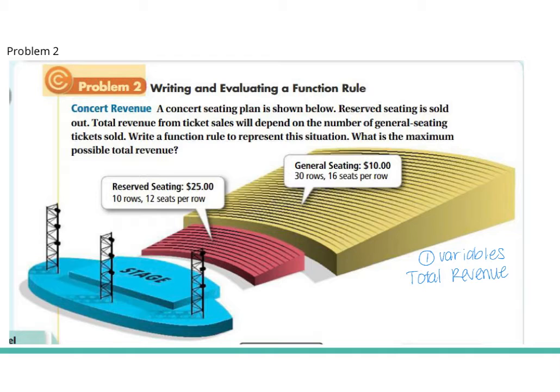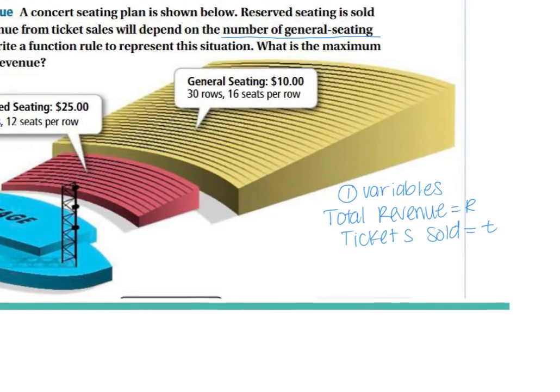Not general seating. Or tickets sold. Tickets sold in general seating. So the number of general seating tickets sold. So we're going to put tickets sold. Okay? So we're going to label total revenue as R and tickets sold as T. Because remember, variables are always going to be our letters.